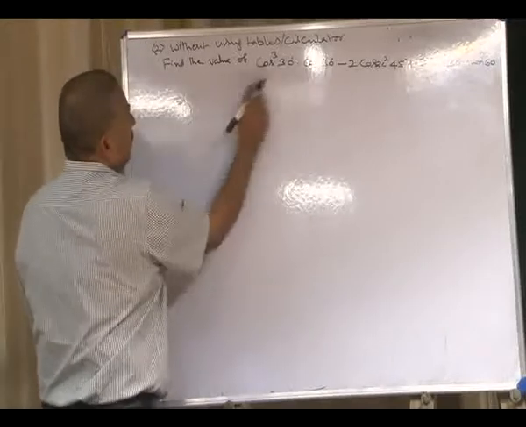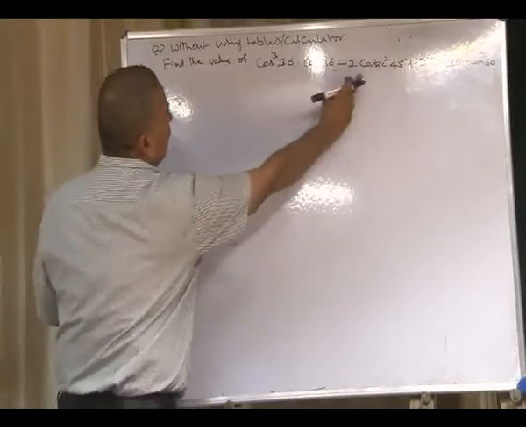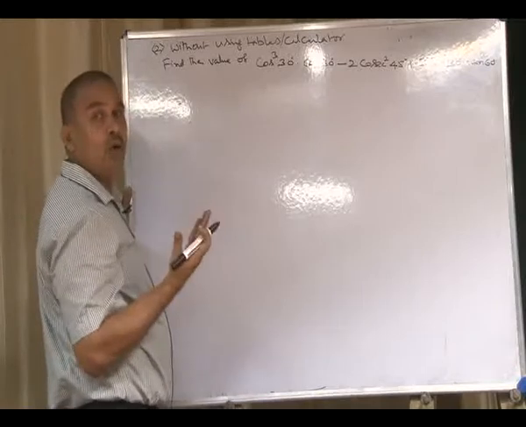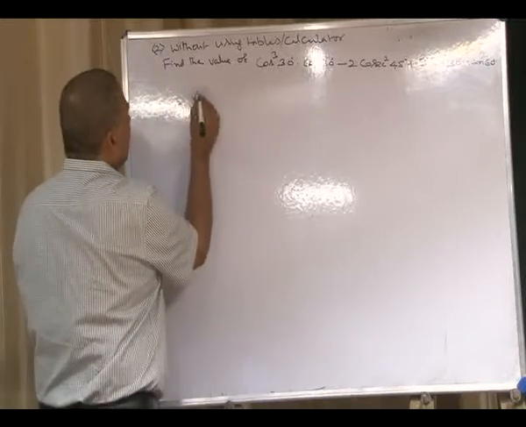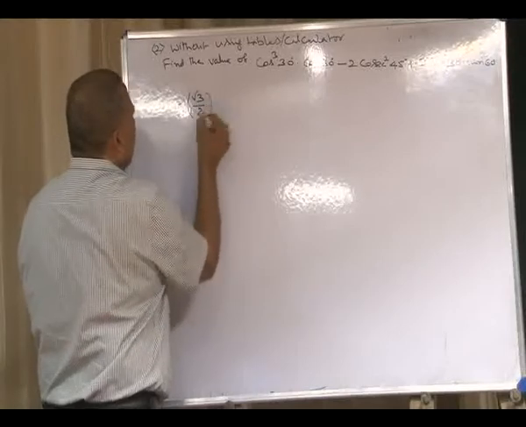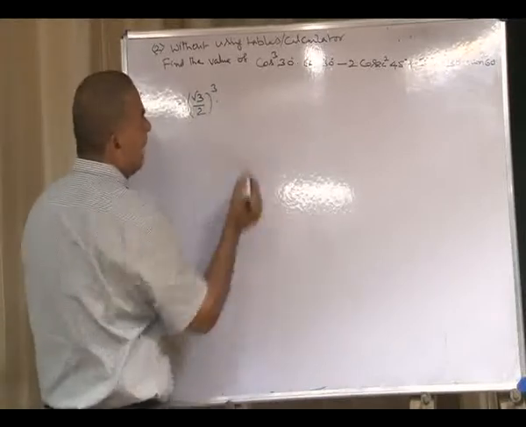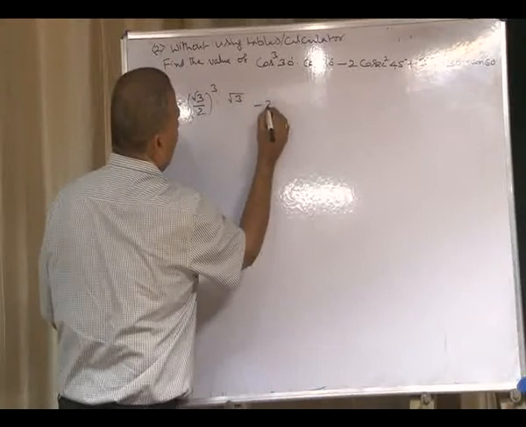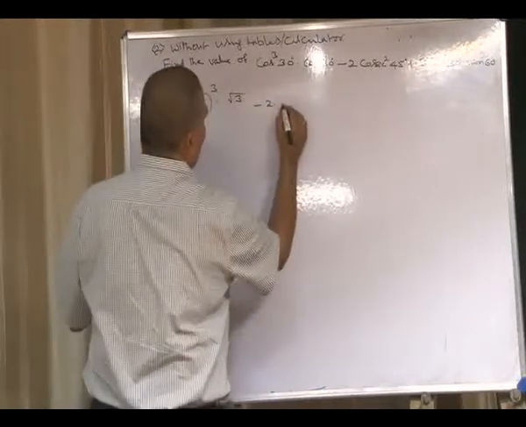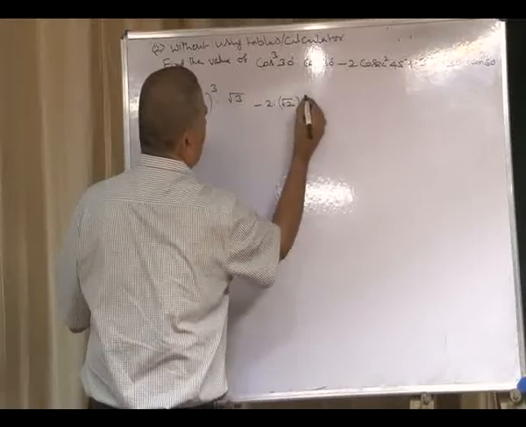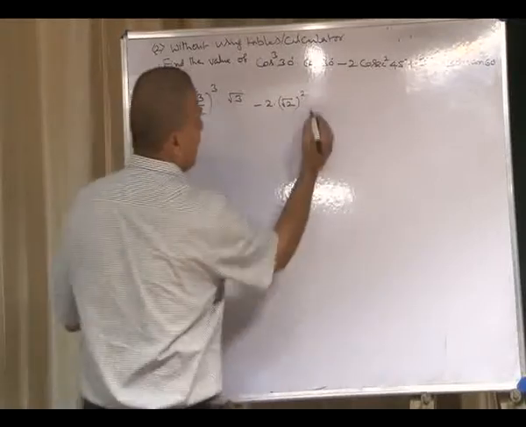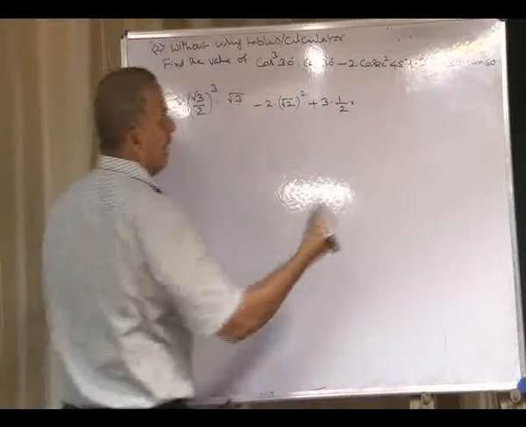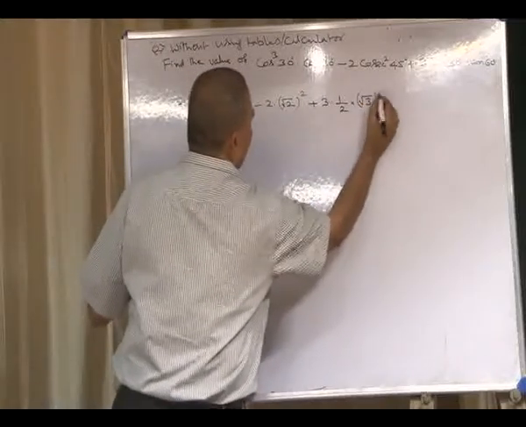In the given problem, there is a cos 30, cot 30, cosecant 45, sin 30 and tan 60. The value of cos 30 is root 3 by 2. Cos cube 30 means root 3 by 2 the whole cube into cot 30, the value is root 3, minus 2 into cosecant 45 is root 2, cosecant square 45 is root 2 the whole square, plus 3 into sin 30 is 1/2 into tan 60 is root 3 the whole square.